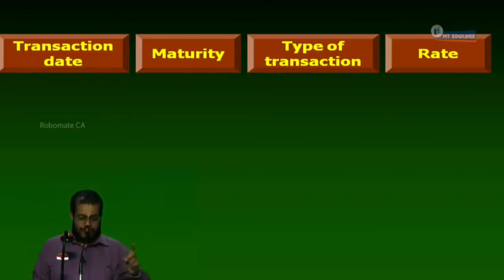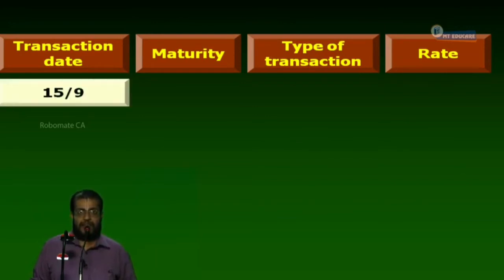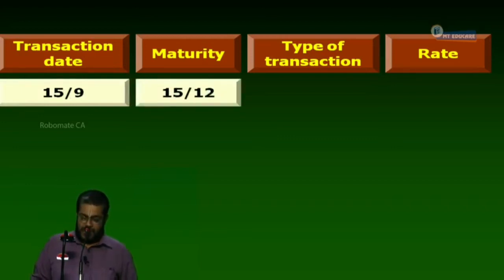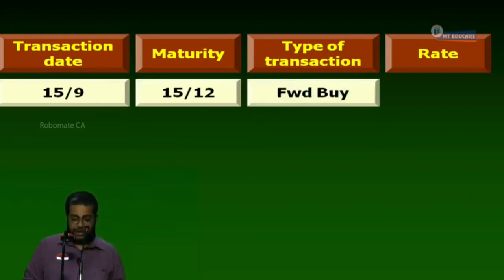When I went to the bank for the first time? 15th September. For how many months forward? 3 months. So what is 3 months here? 15 December. I went to the bank for a forward buy. If I buy today, 15th September, at what rate can I buy?